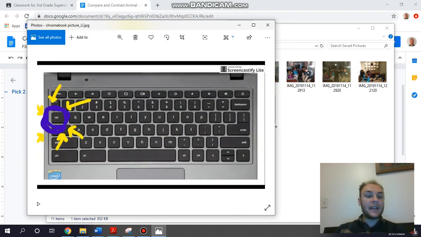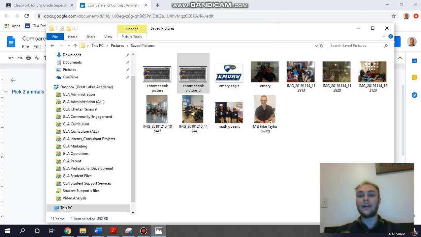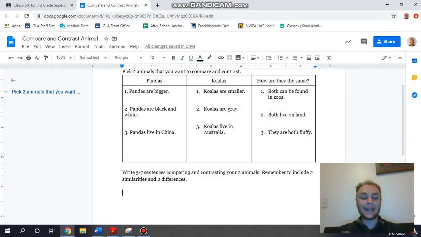Your tab button is right here. Look at my screen. You see where the tab button is. Please put your finger on where the tab button is. And remember, you need to click the tab button to start because that makes an indent. And a paragraph starts with an indent.